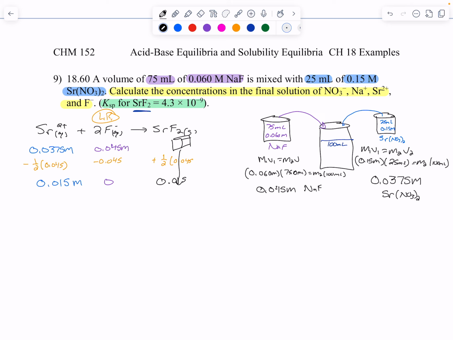All right, so now we have our concentrations. Now we're going to do Ksp. So we'd have our strontium fluoride, solid.